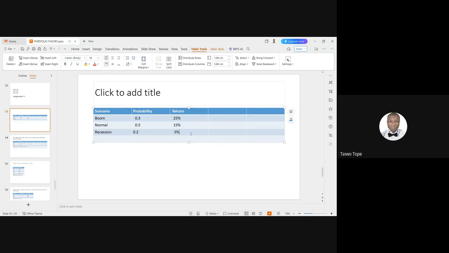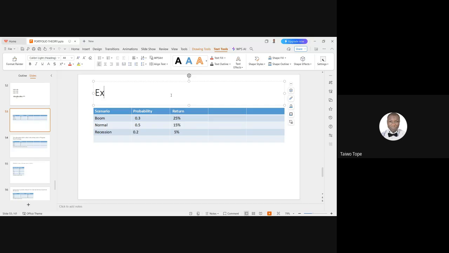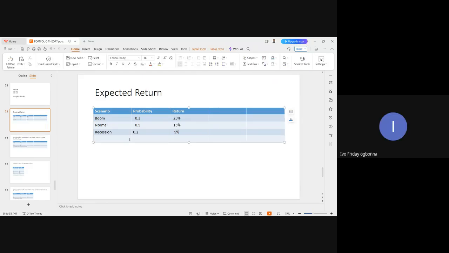Now, if you are to use the expected return, what are you going to do? How are you going to get your return? You multiply the probability by the return.